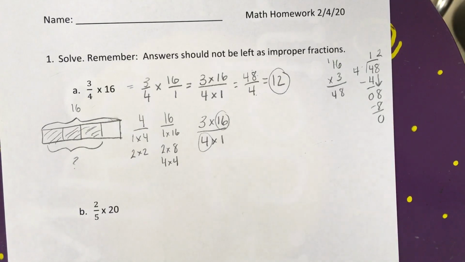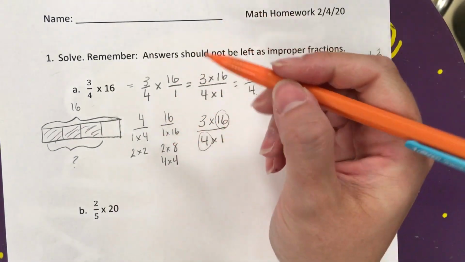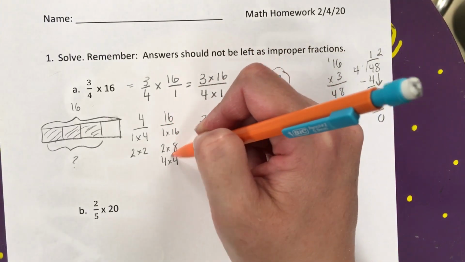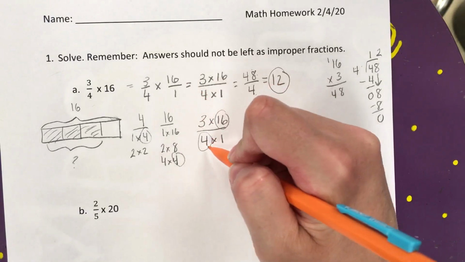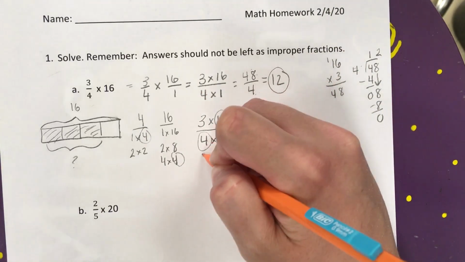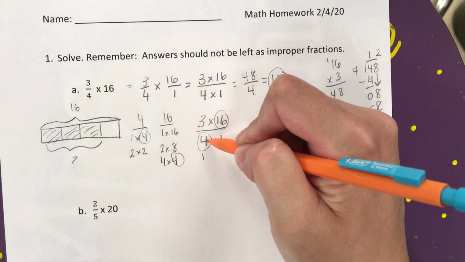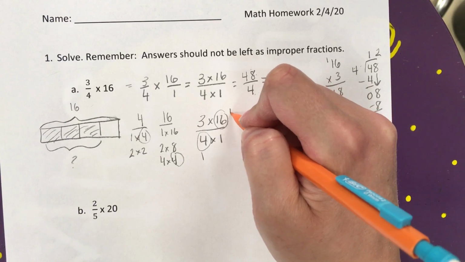Now, my goal here is to pick the biggest factor that they both have in common, the largest factor that they both have in common, and that ends up being 4. So I can use that to divide. 4 divided by 4 I know is 1. And because I divided this by 4, I need to divide this by 4 as well. 16 divided by 4 I know is 4.